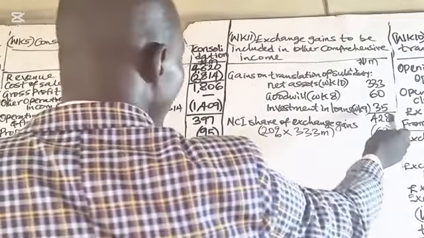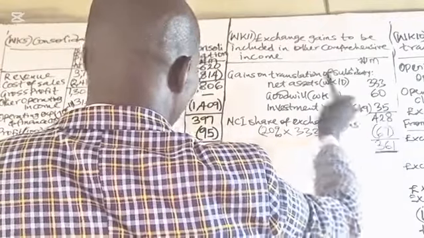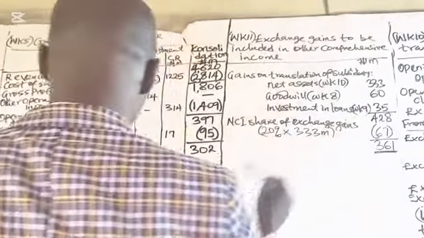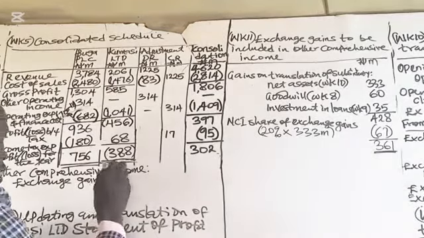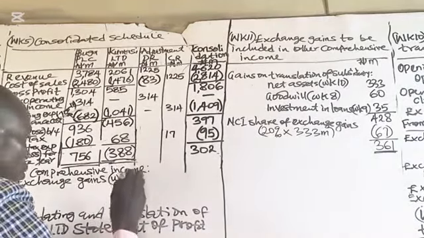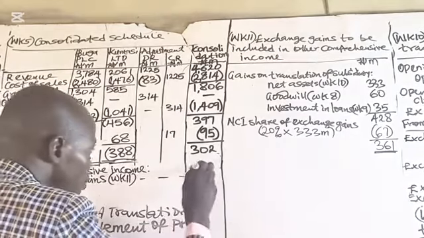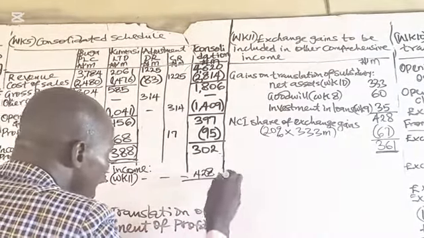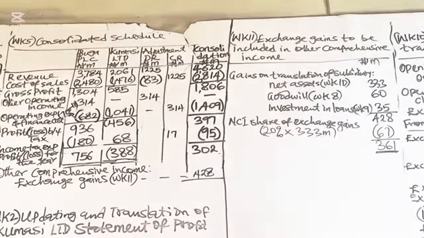So we have exchange gain of 428 million, working number 11. If you add the 428 million to 302 million, so that will be 302 plus 428.